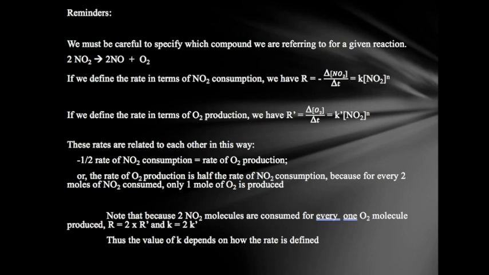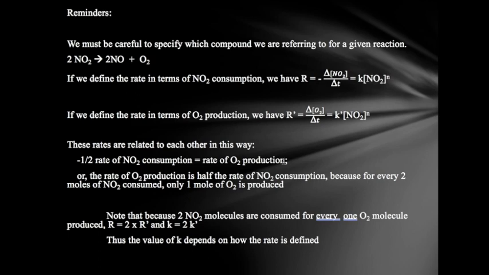All right. That is just another way of saying all of this. So how you define which reactant or product you are analyzing could affect your K value. So the value of K depends on how the rate is defined. If this is confusing to you, I understand. I really wouldn't worry too much about this.